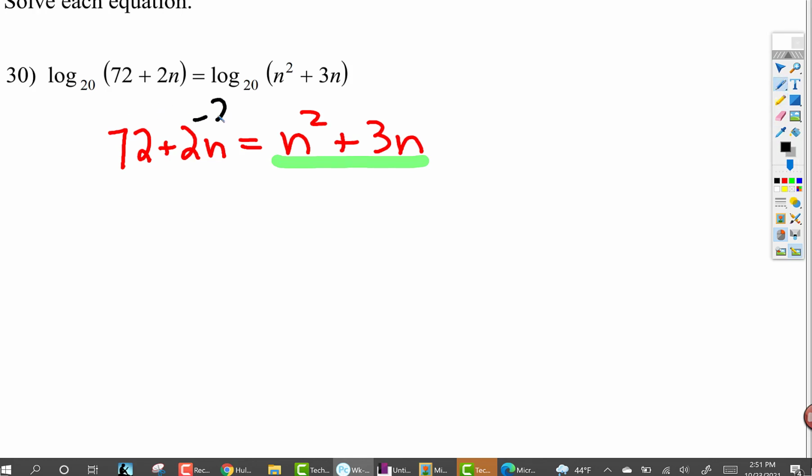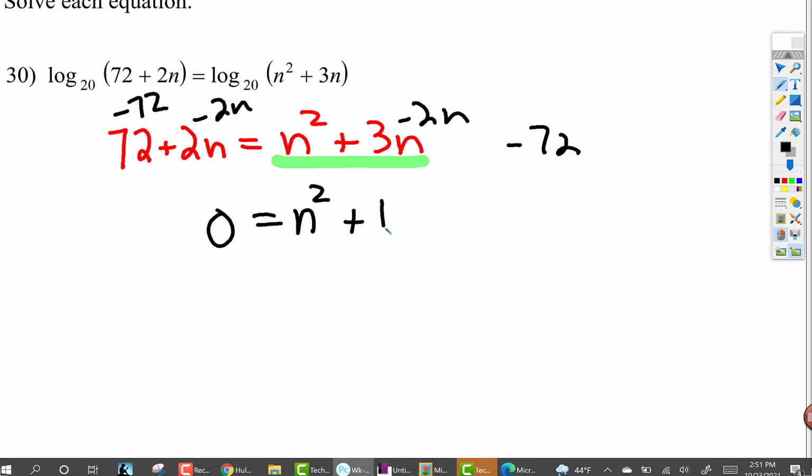So we're going to subtract a 2n. Remember, you have to put them in the right order. Subtract a 72. So we'll get 0 on this side, and then we'll have n squared plus 1n, subtract 72. Well, then it's just factors of negative 72 that add up to positive 1. Well, that would be 9 and negative 8.